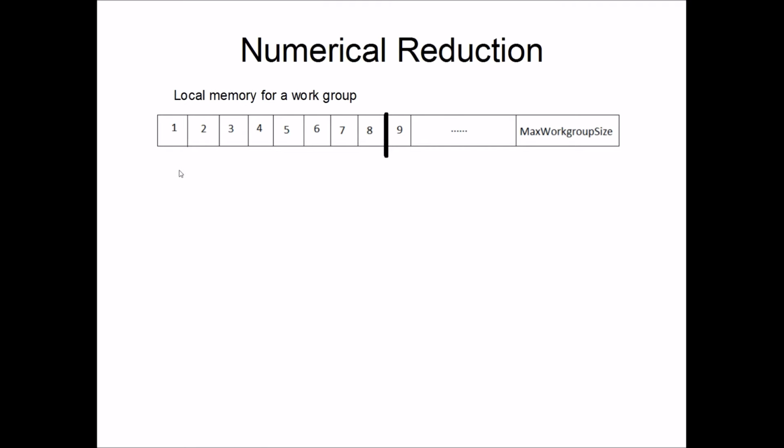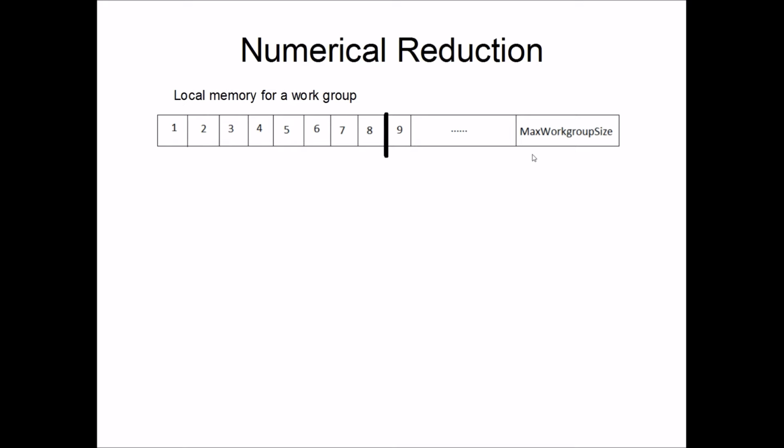So, our device can have a certain number of work groups, and it can have a certain number of work items in a work group. And so this demonstrates the local memory of one of my many work groups. So I can have up to the maximum work item size defined by my device.